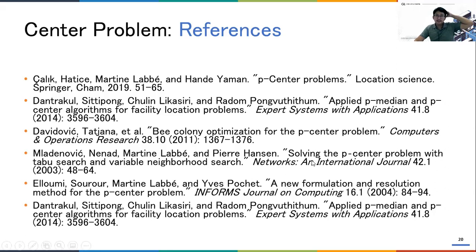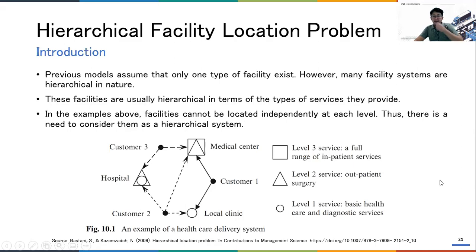Okay, next, this one is a different discussion, new material compared to the topics that I discussed in the class called advanced optimization techniques. I think for this one we don't have the video yet. The facility location problems that we discussed earlier are very simplified.